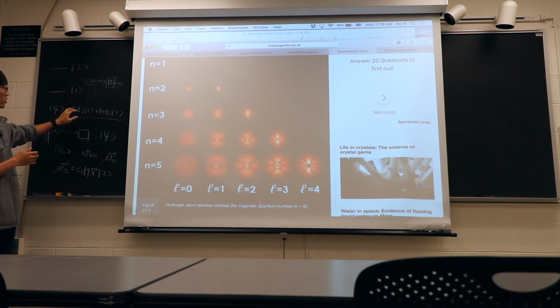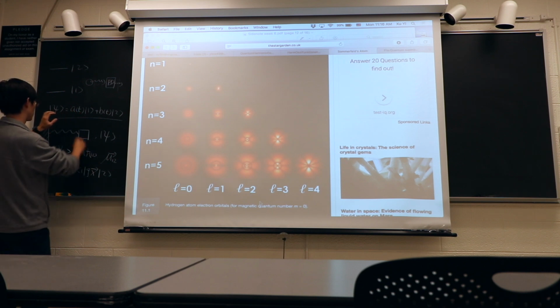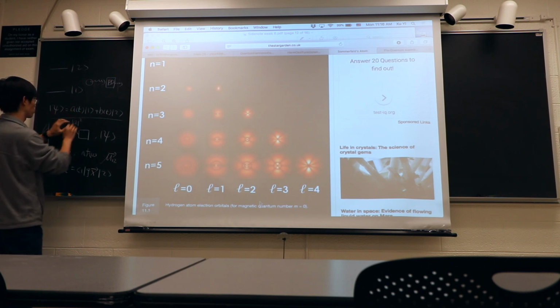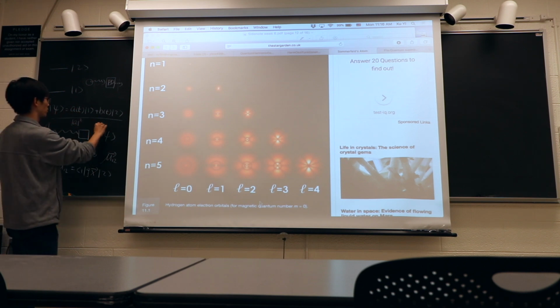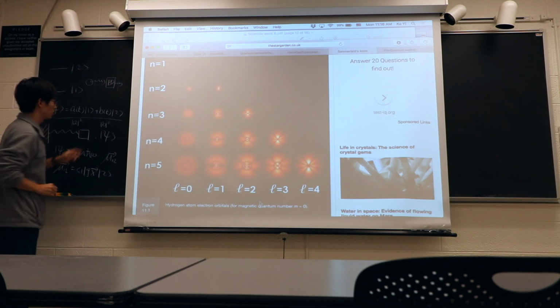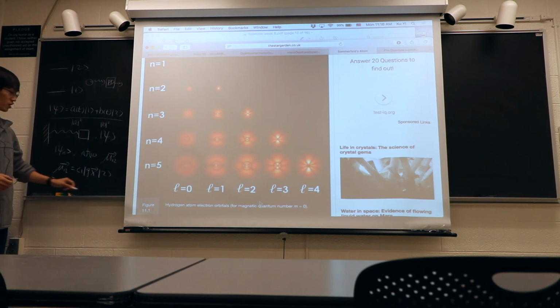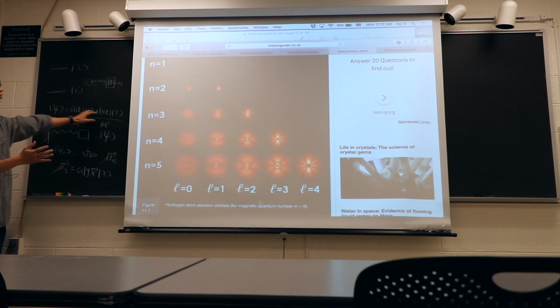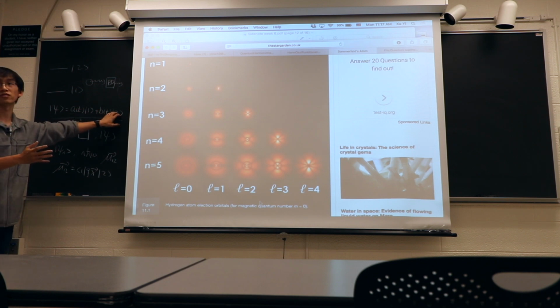And you have the probability of A squared to see it in ground state and the probability of B squared in upper state. And at that time, and I think it's still the argument right now, before you make the observation, it's in a superposition state. But when you make the observation, it collapses into 1 or collapses into 2.